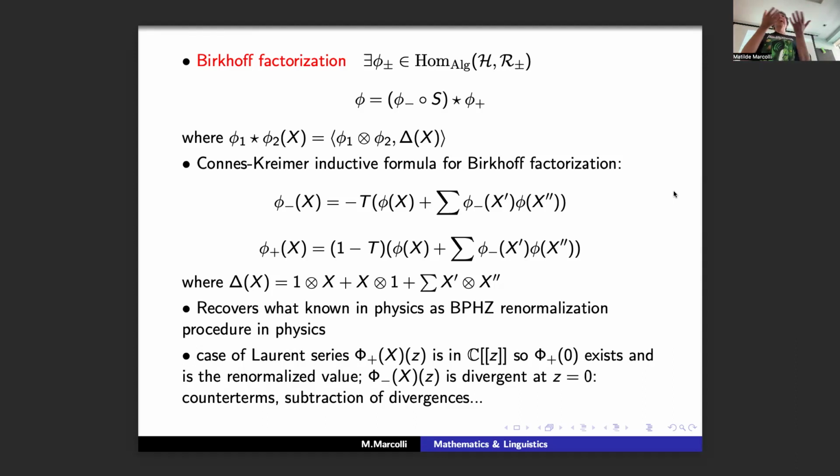This would be just the graph where you don't have to worry about any subdivergences, and then you just really take the polar parts or the renormalized part of that Laurent series without doing anything else. Okay, this gives me phi minus x in terms of phi minus of the smaller ones. So I must start somewhere. What's the smallest? Yeah, the smallest is the empty set, because you have x tensor empty and empty tensor x. Yeah, that's the unit of the algebra. That's where you start.